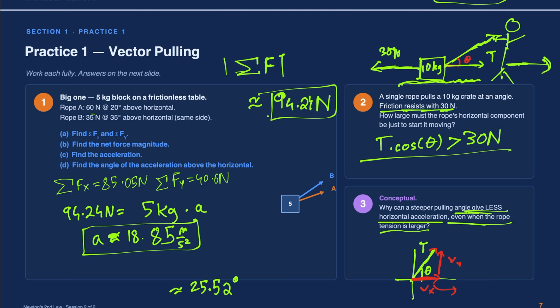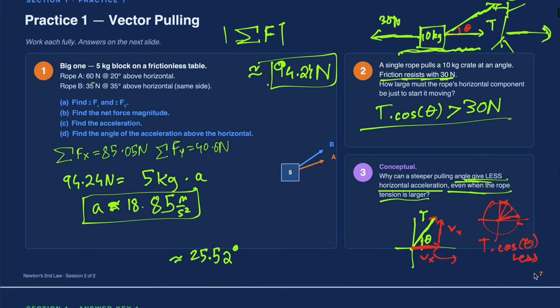A steeper pulling angle gives less horizontal acceleration because on a unit circle, your cosine is largest when you have a small angle. As you get bigger angles, your cosine becomes lesser. So the steeper you get, the lesser your cosine becomes, and the tension times the cosine of that angle becomes lesser too.